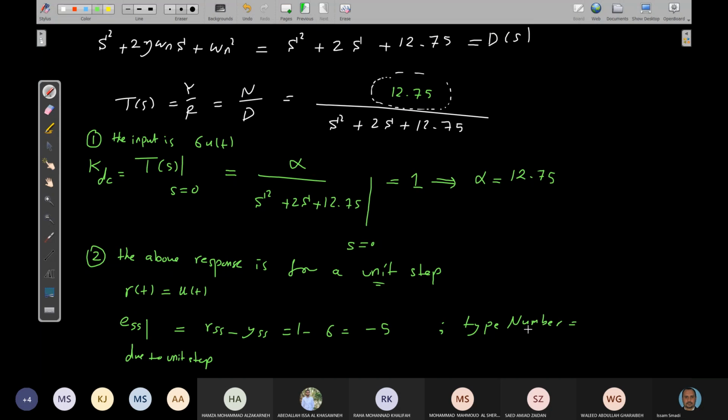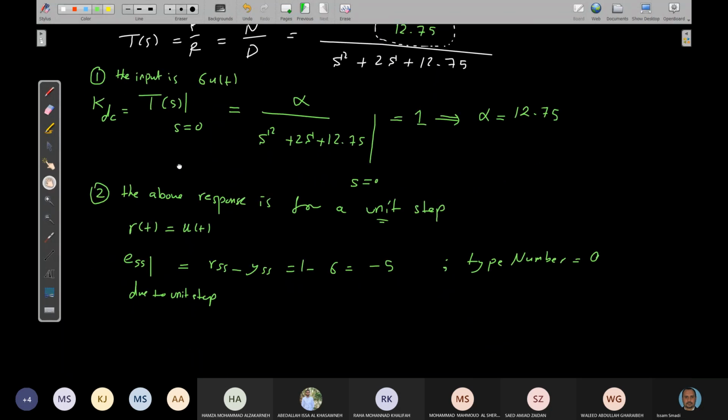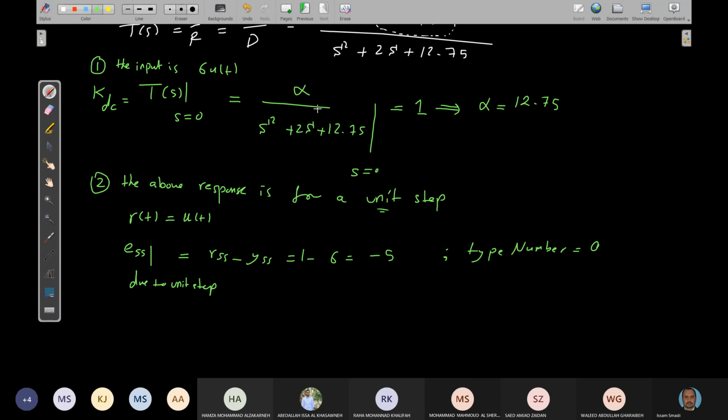If I have error due to a unit step input, then the type number is equal to 0, yeah? Do you see? I'm only changing the assumption of the input. I changed the problem, correct? The same thing here. Now, the DC gain here is equal to what?